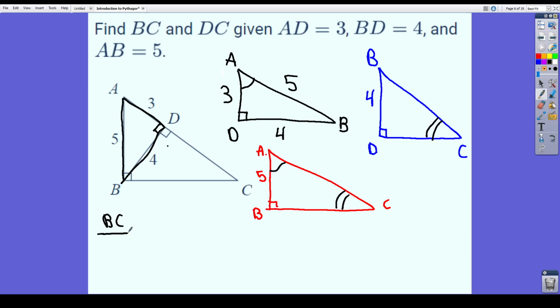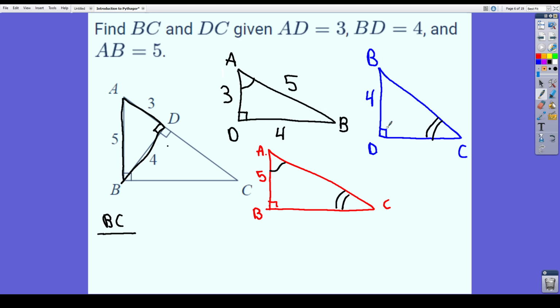Therefore, I ask myself, what side would BC correspond with? Well, BC is in our triangle ABC, and it also is in our triangle BDC. I can pick either of these two triangles to work with. I will pick BDC. Now, BDC has BC as its hypotenuse.